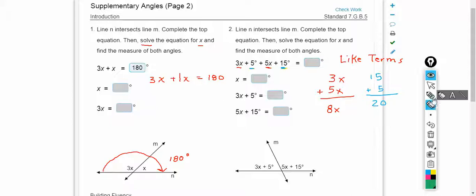We cannot do 3x plus 5 because those are two different types of terms. Can't do that. We cannot add 5x plus 15 because those are two different types of terms.